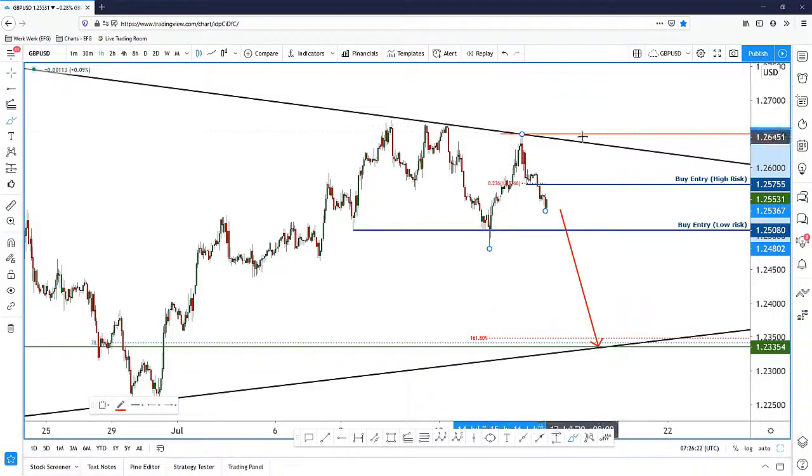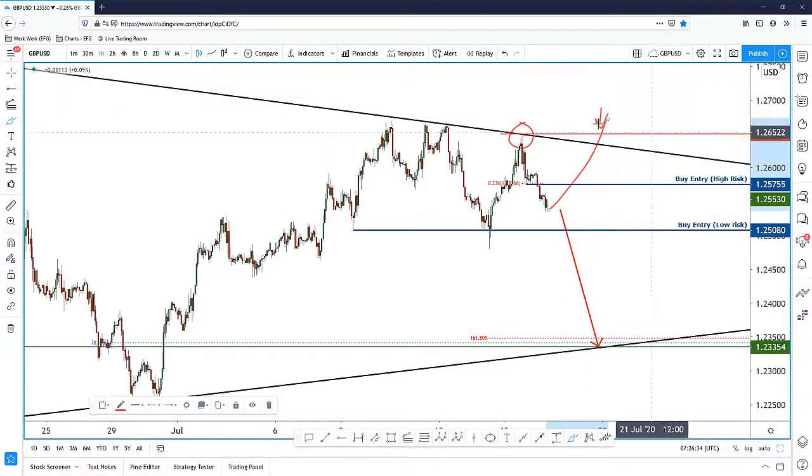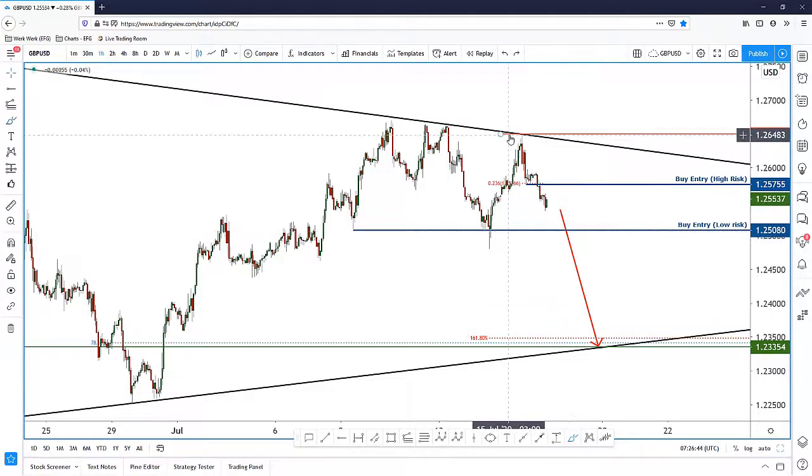Now remember, the stop loss is always the level at which your trading idea is wrong. Okay, so this level here will definitely be the level that our trading idea is wrong. Why? Because if price comes all the way back up and breaks above it, price has already broken above the descending trendline resistance on the daily and has already cleared the previous high. Okay, so that is definitely where the stop loss will be.